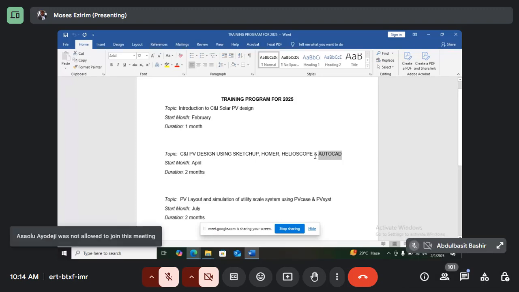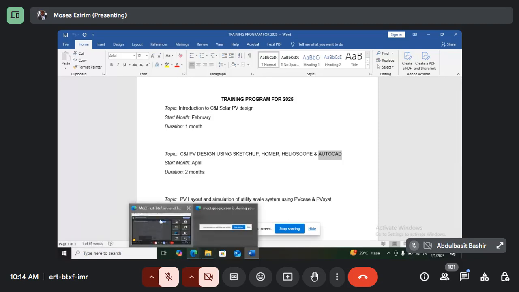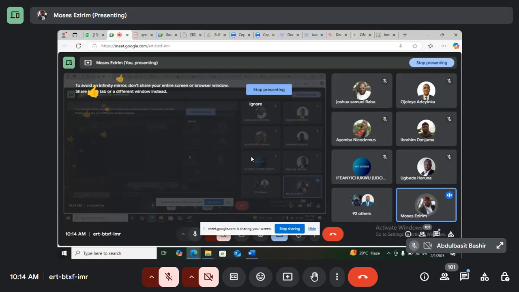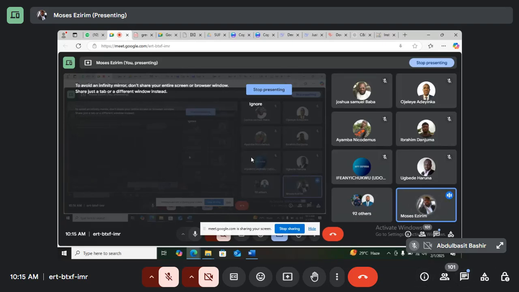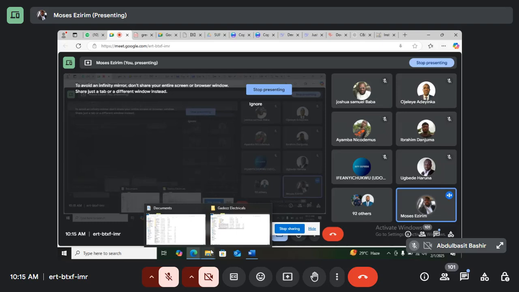There are countless ways you can do your AutoCAD SLD, but the way I love an AutoCAD system to be designed is for it to be readable. Now I'm going to show you an AutoCAD system that I did for a client. It's a schematic, and you're going to see how easy it is to understand.